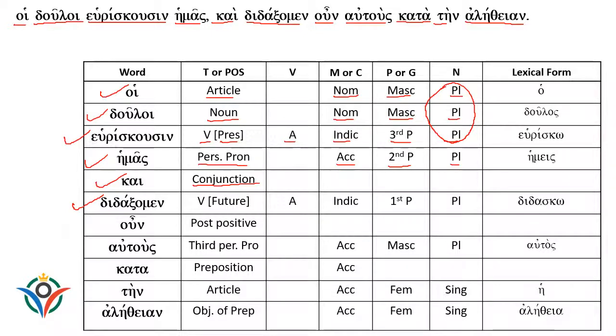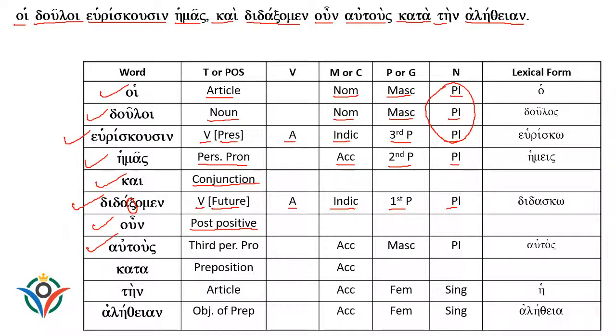All right, so here you can see that we've had amalgamation here. So it's a verb, future. It's an active indicative, first person plural from didaskō, which is I teach. All right, then we have oun, which is a postpositive, which we translate as then or therefore.